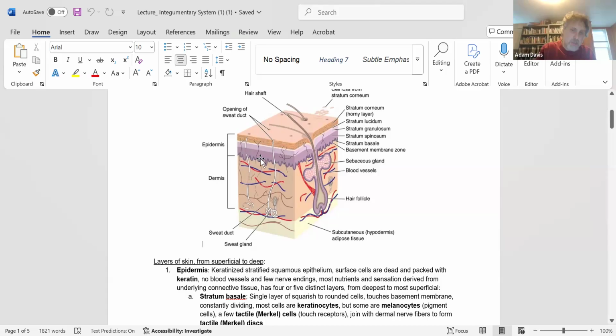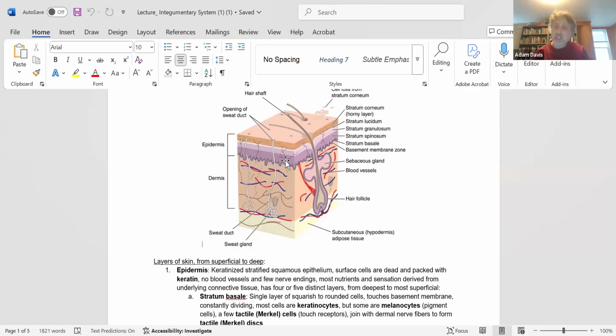Next layer up, this darker, thicker pigmented layer above that dark line, is the stratum spinosum. The stratum spinosum consists of 5 to 10 layers of cells. As cells divide and work their way higher and higher up in the epidermis, they begin to change shape.